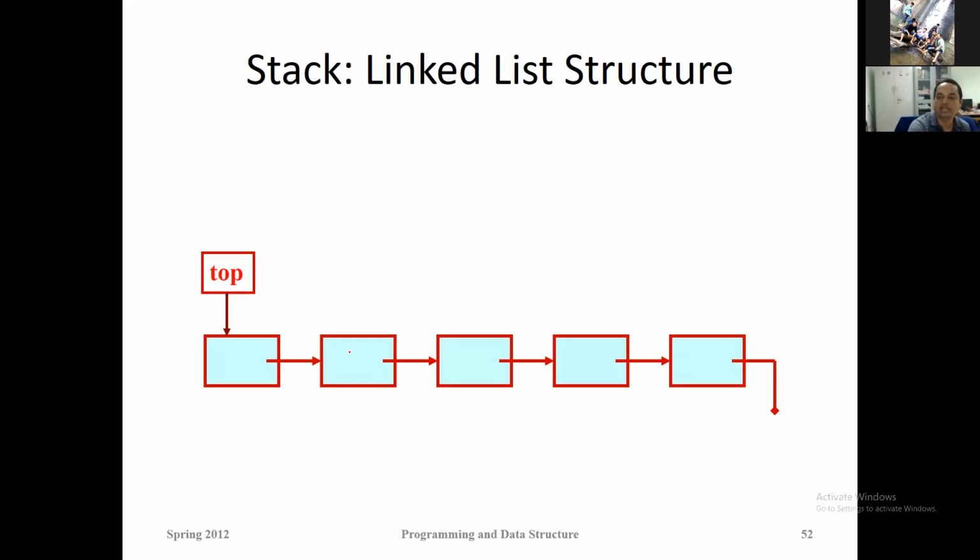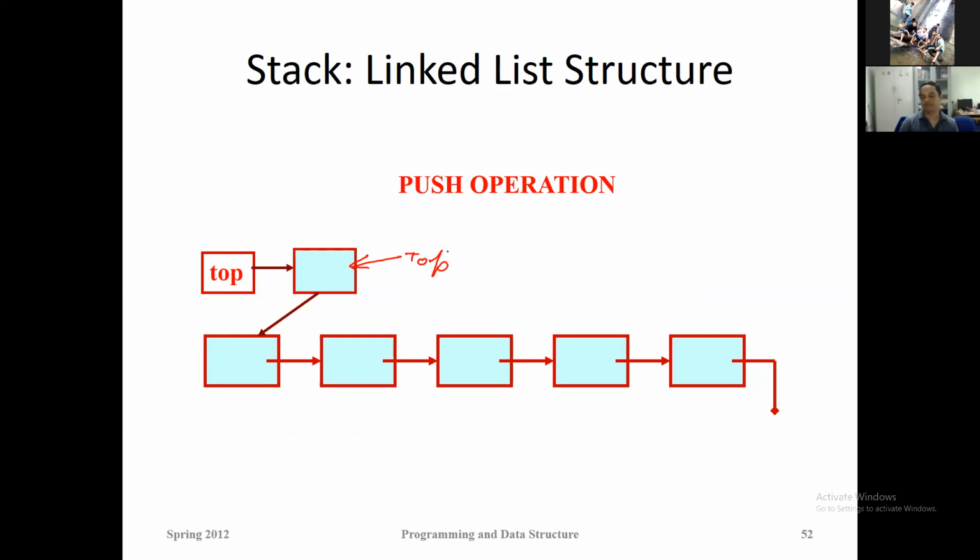So for the linked list implementation, top will point to the first node. Push operation: you are inserting a new element. The new element is inserted, and this node will be known as the new top, because you are inserting one more element.